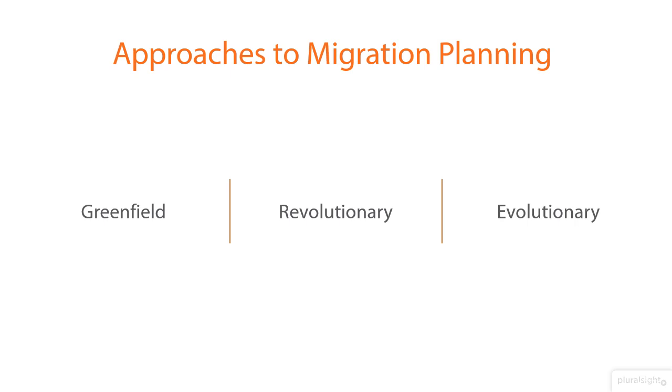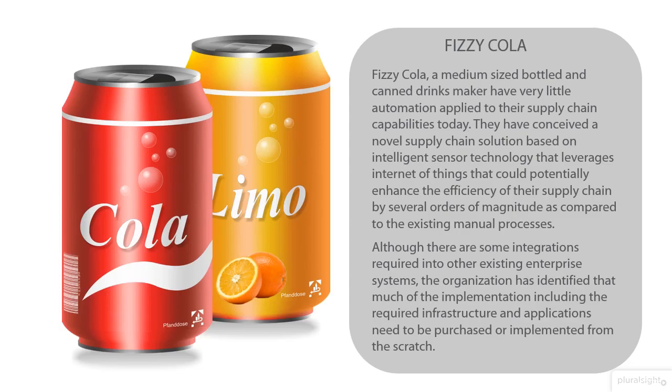Consider this scenario. Fisicola, a fictitious organization which has very little automation applied to their supply chain capabilities, has conceived a novel supply chain solution based on intelligent sensor technology that leverages Internet of Things that could potentially enhance the efficiency of their supply chain by several orders of magnitude as compared to the existing manual processes.